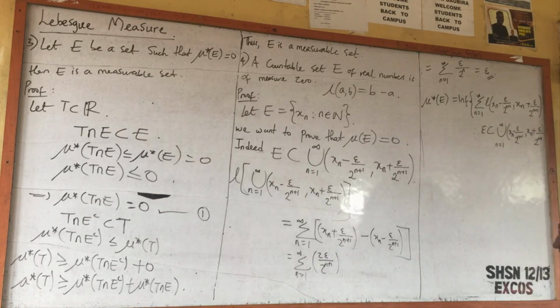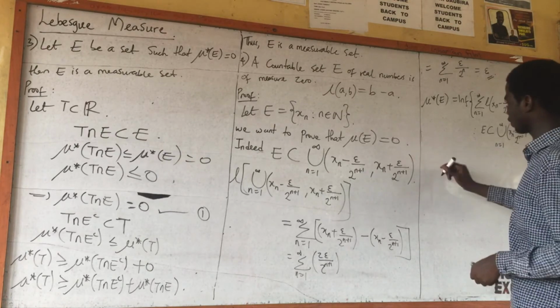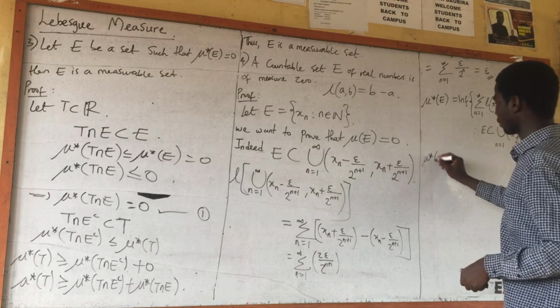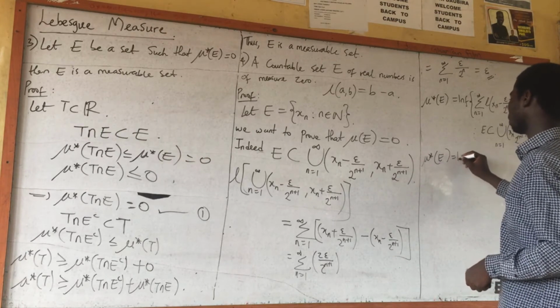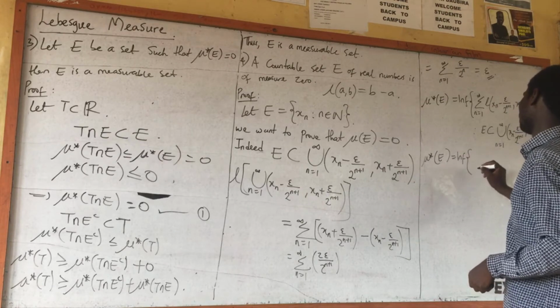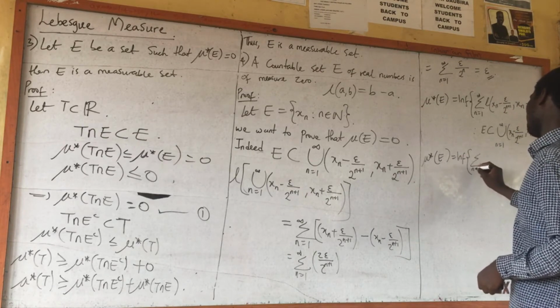That's what we are going to have, so that the outer measure of E will be equal to the infimum of the summation.